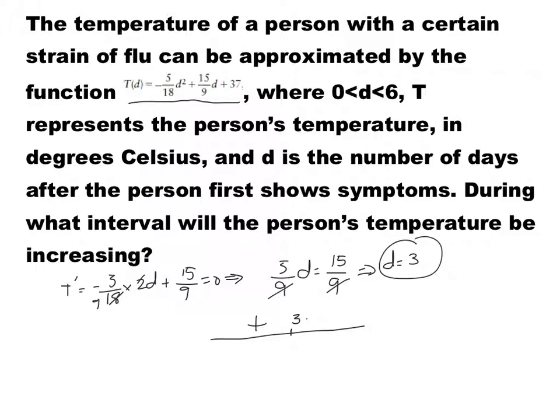When d is greater than 3, let's say 4, we get negative 5 over 18 times 2 times 4 plus 15 over 9, which is going to be a negative number. So greater than 3, T prime is negative. Here the function is increasing, here the function is decreasing, and at 3 the function levels off. So the function is increasing when d is between 0 and 3.